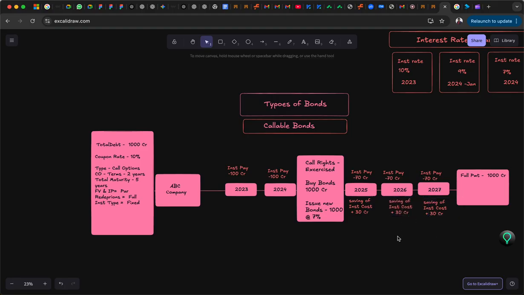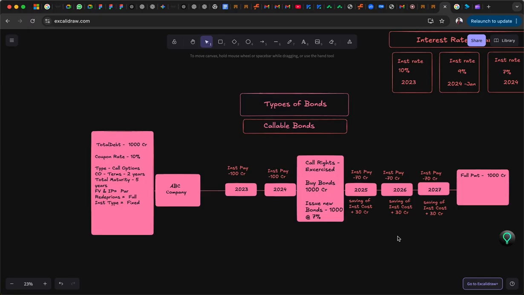So every year the company can save 30 crore. So this is how callable bonds work. It's a strategic tool, and most companies hold the right to exercise it, based of course on the current circumstances or interest rates. And this is how a company actually saves money.